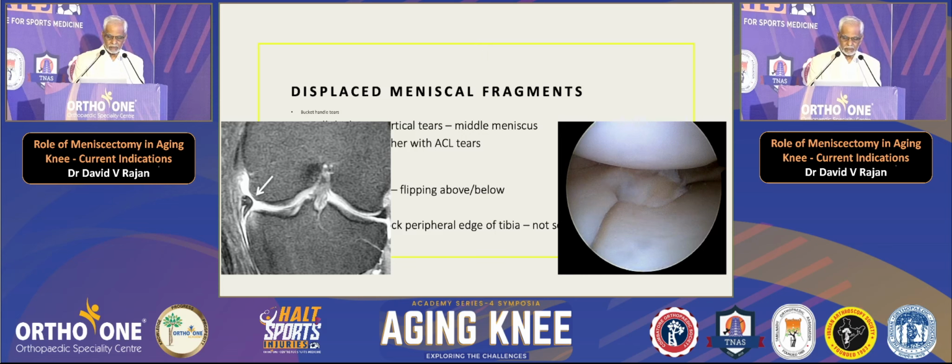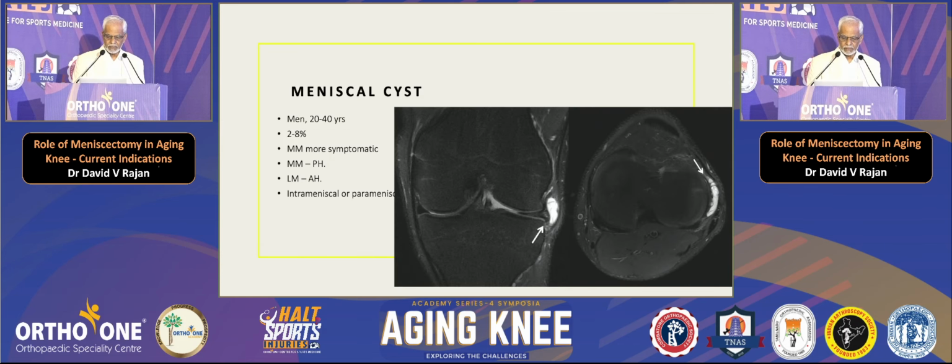A novice surgeon can easily ignore it or miss it unless you probe it. When you probe it, the meniscus fragment underneath comes out, and then you just have to do debridement of the meniscus, make sure the periphery is stable, and leave the patient alone.